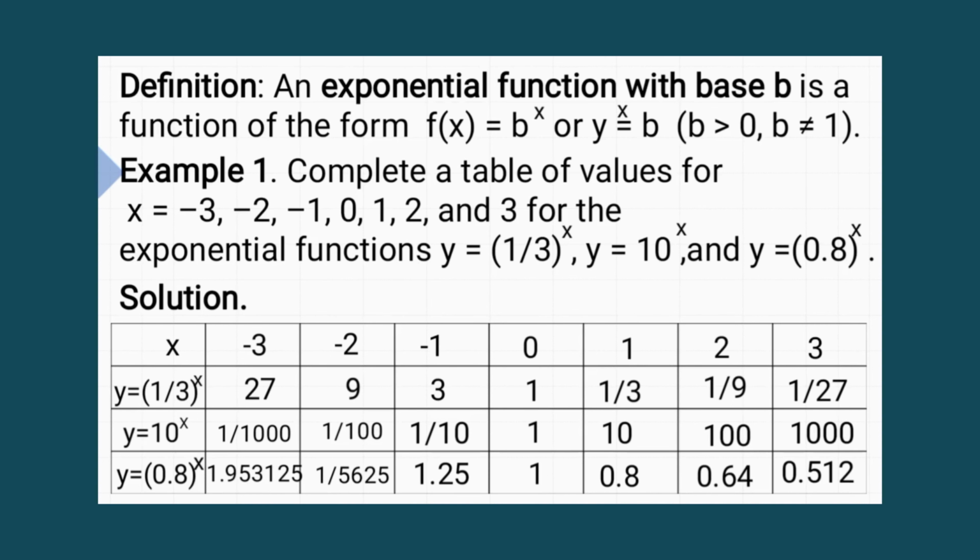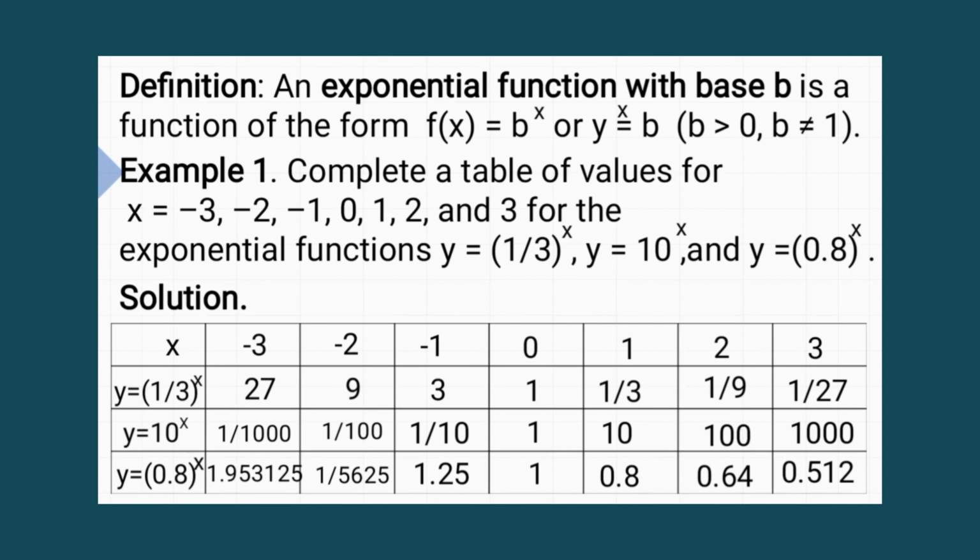Since our exponent is negative, let's get the reciprocal of it. That will become 1/10 raised to 3. That's why it is 1/1000. Same process for -2, that will become 1/100. Okay, -1, that is 1/10.